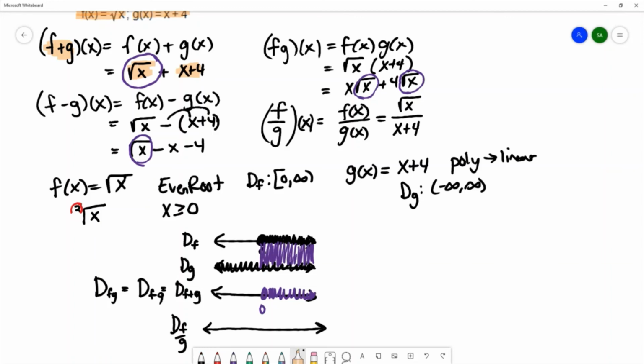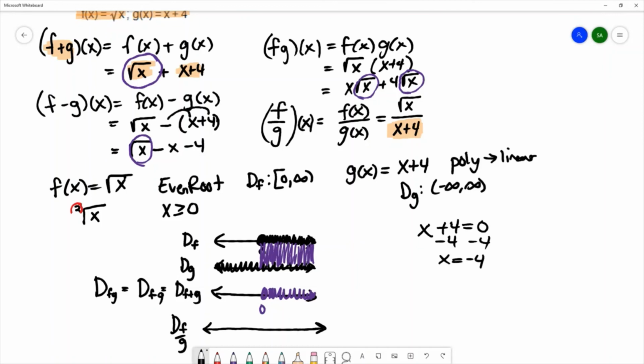So because we're dividing by x plus 4, we might have a new value for the domain to exclude. So if I take that denominator and set it equal to 0, I'm going to get -4. And -4 is not allowed to be substituted into this function.